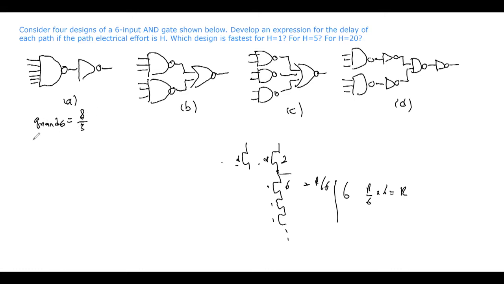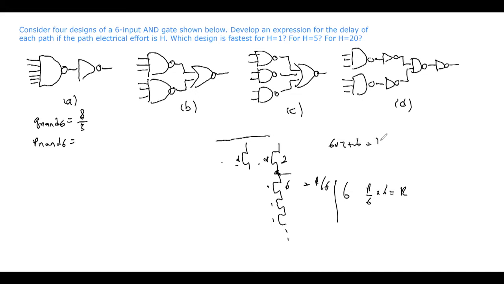And P of NAND 6, we can also derive from this. How many PMOS transistors will be connected to this node? There will be 6 of them, so they will each introduce 2 units of capacitance, 6 times 2, and this NMOS is size 6, so 6 units of capacitance coming from this one.